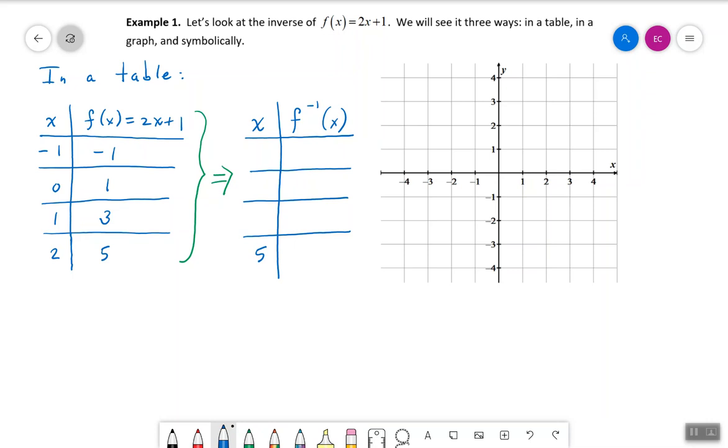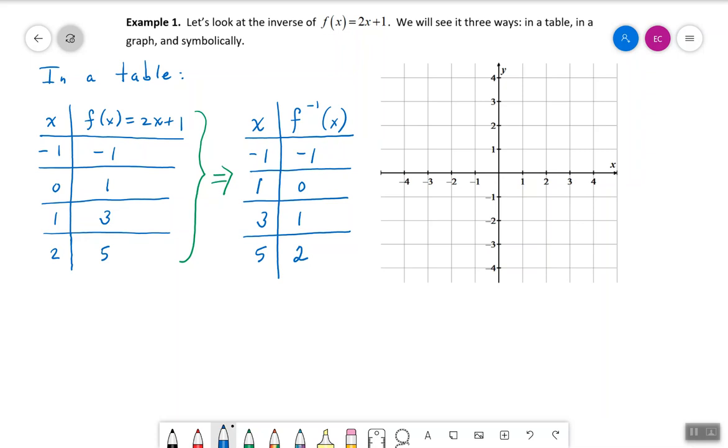Well, we know the answer because we can look at this table. If 2 makes 5, then over here 5 has to make 2, has to take us back where we began. And so you could fill in some more rows of the table. If 1 makes 3 in the original function, then 3 makes 1 in the inverse. And 0 makes 1, so 1 makes 0, and -1 makes -1 in both tables.